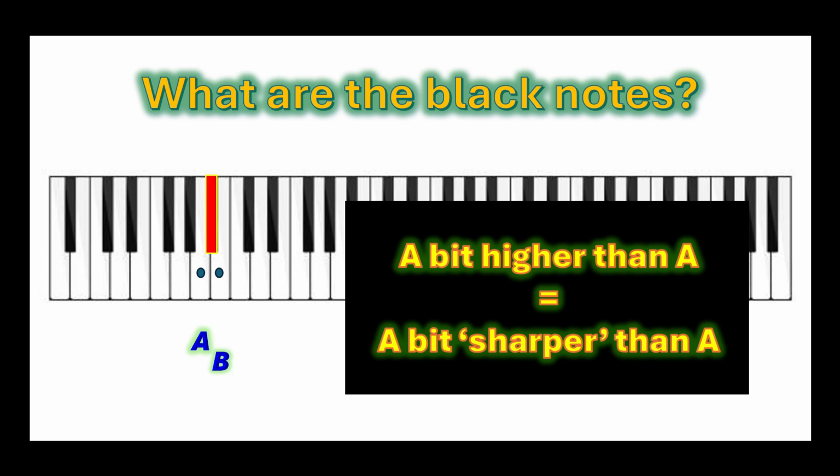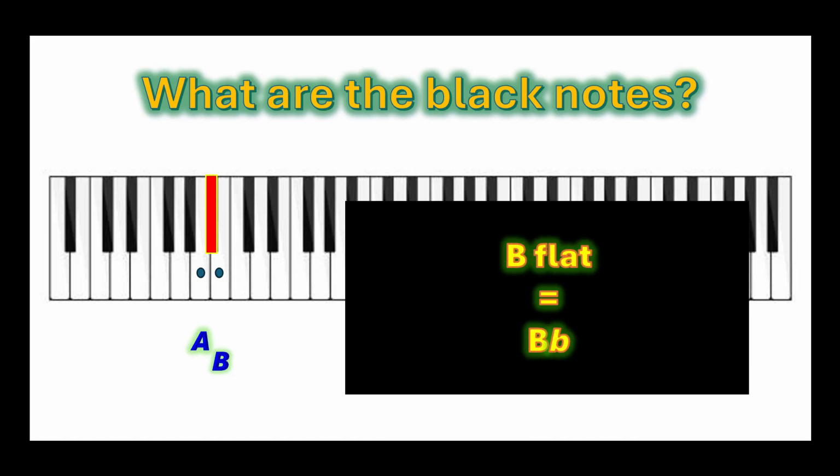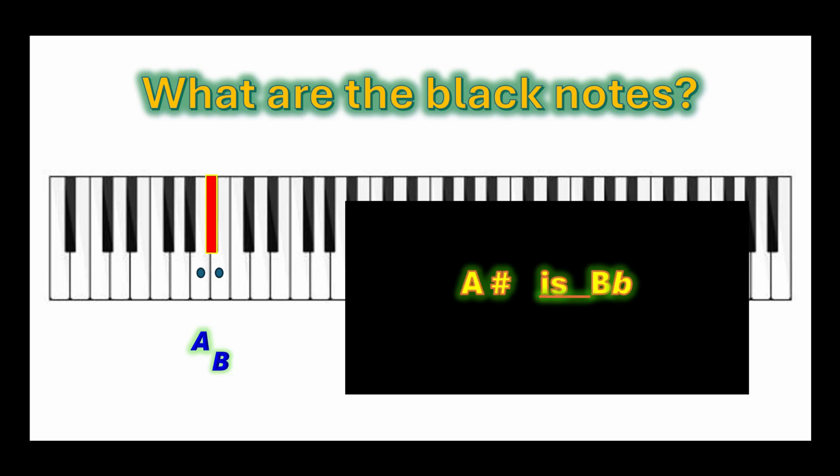If you play the B note on a piano and you play that same black note that's just before it, the A sharp, it's a bit lower than B. We call that a bit flatter than B. So another name for A sharp is B flat. A sharp and B flat are the same note.